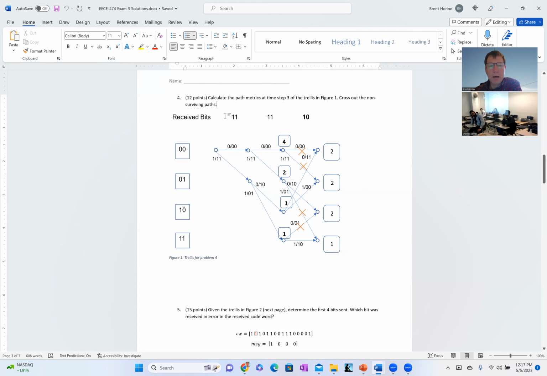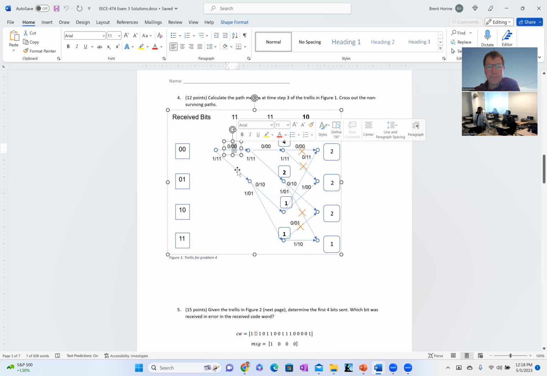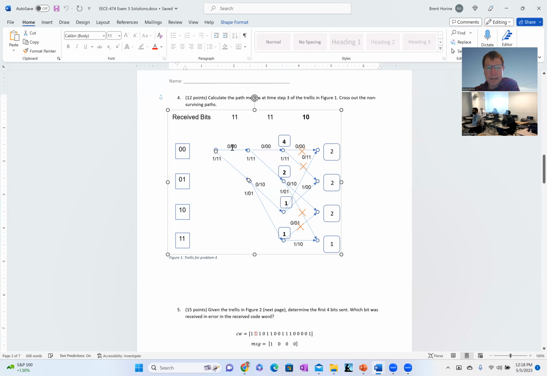And then you have received bits, then you ought to be able to calculate the metrics here, here, and here, right? So again, as a review, you would compare these second 2 bits, or the bits after the diagonal slash there, to the received bits and add those up.